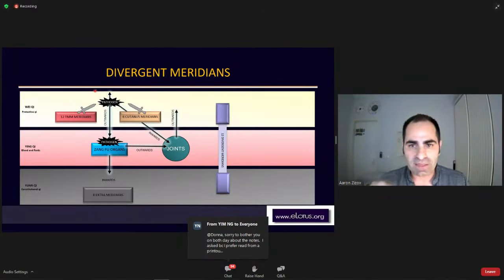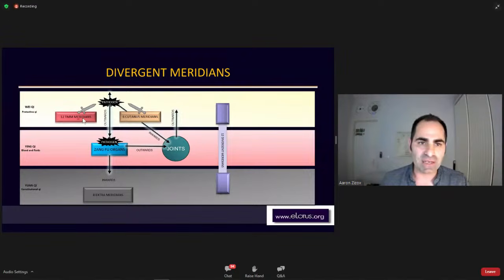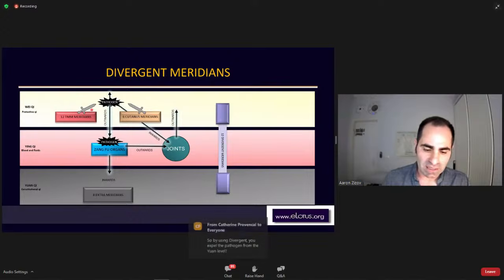The strongest effect of the divergent meridians will again be on the TMM, or the Wei Qi level. The effect of the Wei Qi level will be able to diminish or get rid of the pathogen.